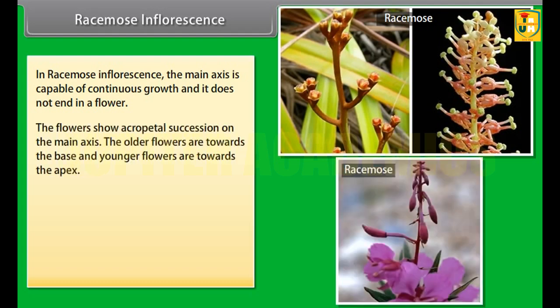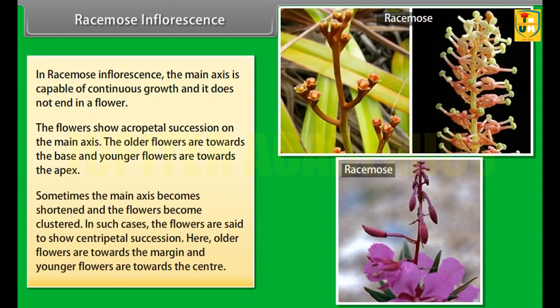The flowers show acropetal succession on the main axis. The older flowers are towards the base and younger flowers are towards the apex. Sometimes the main axis becomes shortened and the flowers become clustered. In such cases, the flowers are said to show centripetal succession. Here, older flowers are towards the margin and younger flowers are towards the center.